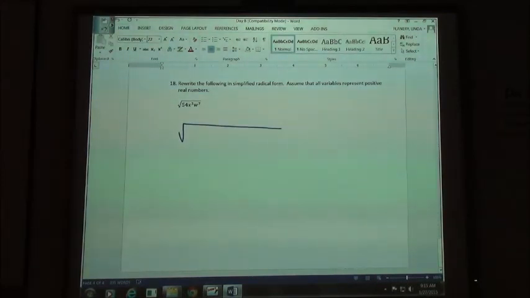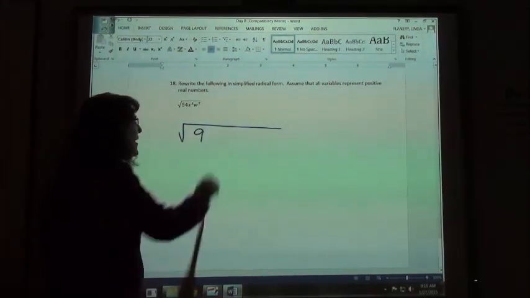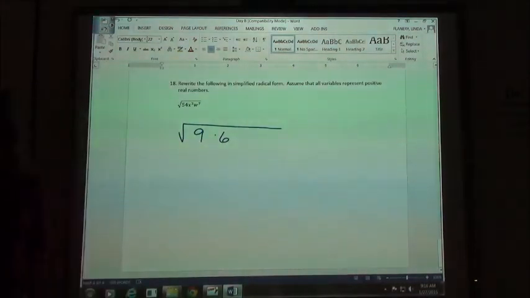Is 6 a perfect square? No. But 9 times 6, I like the 9 answer better because 9 is my perfect square. It happens to be that 9 times 6 is 54.